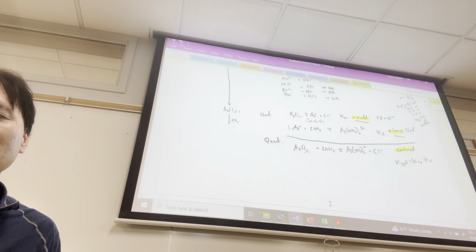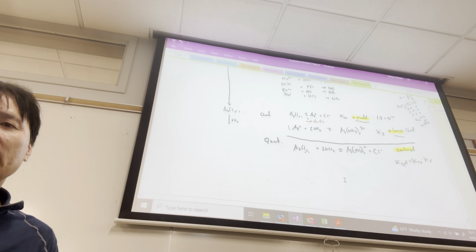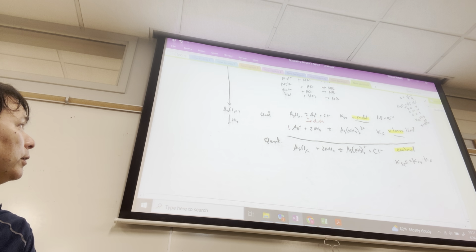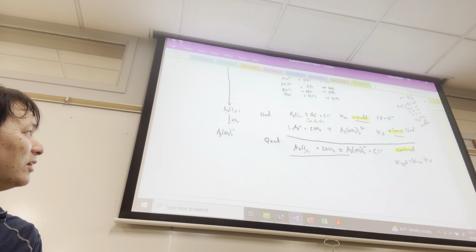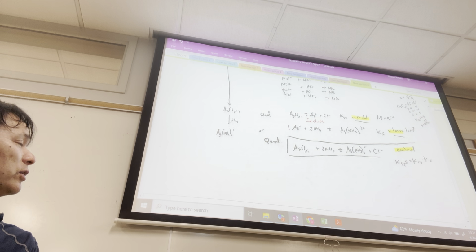We didn't calculate how much. We just kept adding it until it dissolved completely. And so this dissolves the precipitate. This is the reaction here, in the net, or you could write the 2 individual equilibria.